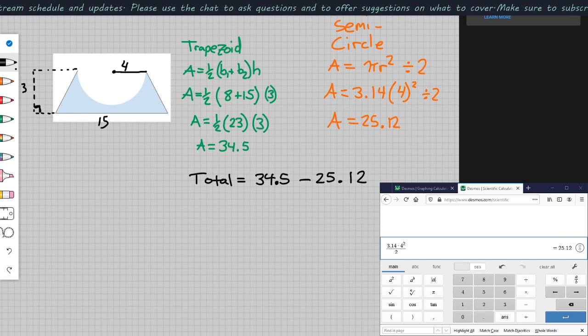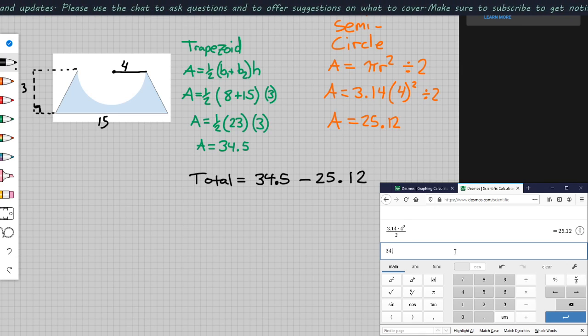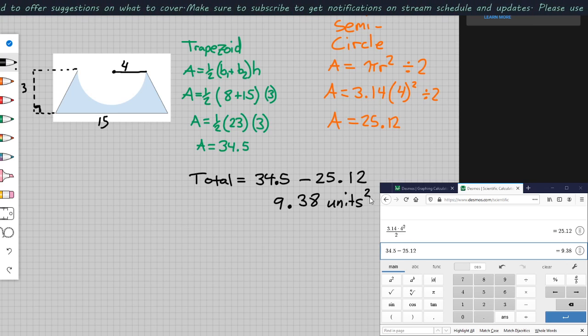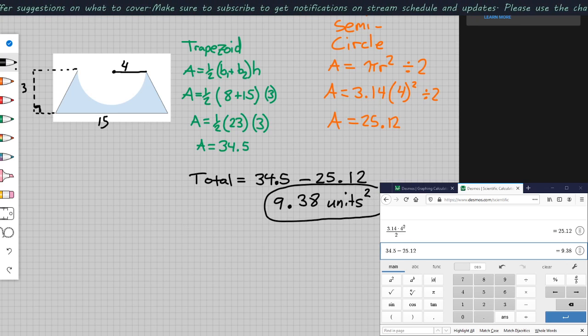Subtract these two. Again, I'm going to just use my calculator real quick. So you put in 34.5 minus 25.12, and you get 9.38. So 9.38 units squared would be our final answer.